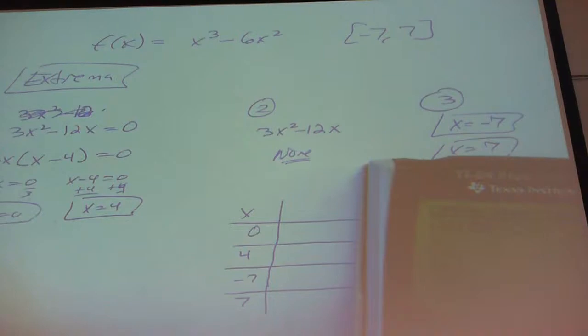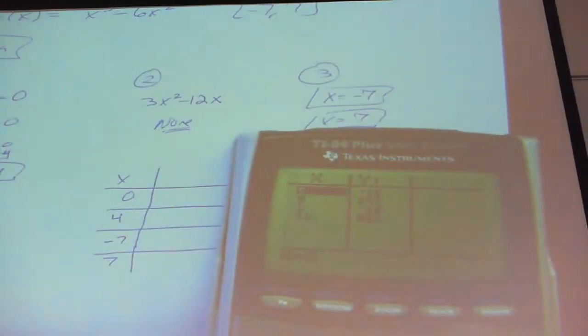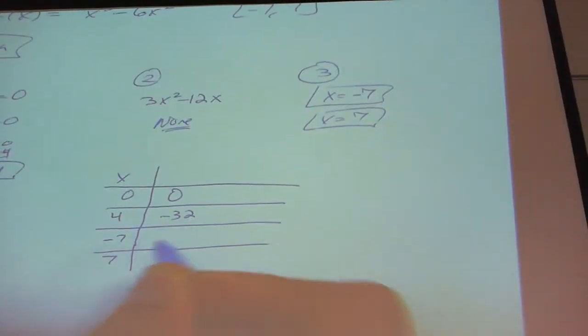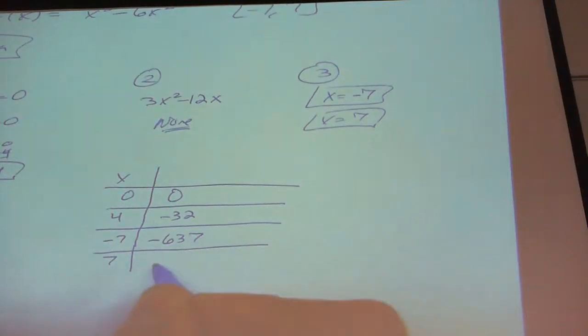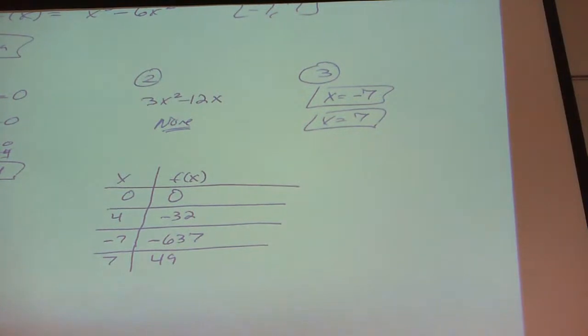So I go to y equals, the original is x raised to the third minus 6x squared. I go to the table feature, 0, 4, negative 7, 7. Are we okay? Any questions up to this point?